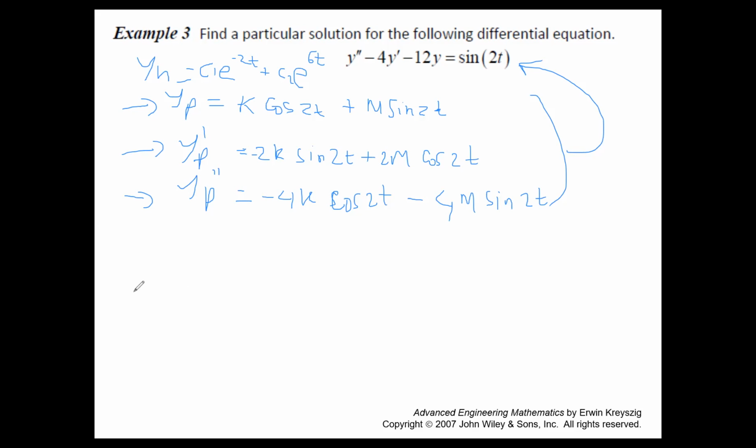Y double prime will still be Y double prime. For the next time, you can actually look at the coefficients only. For example, if you see there is no cosine on this part, you can just ignore it. But for this point in time, just to show you the steps, I'll go with the more detailed one.